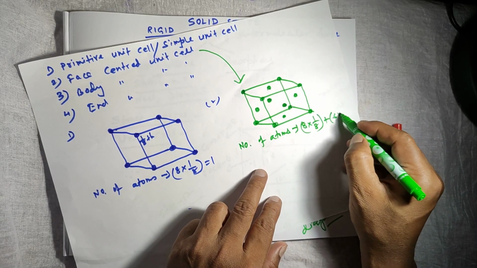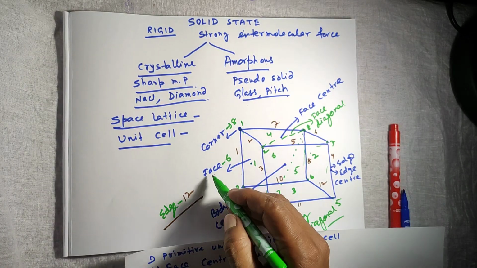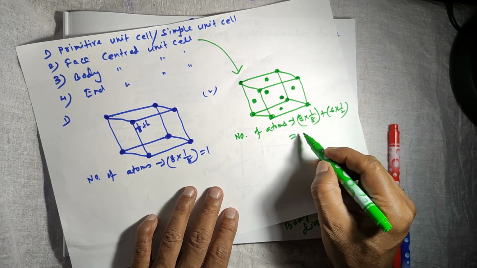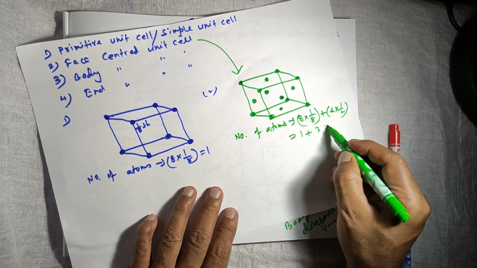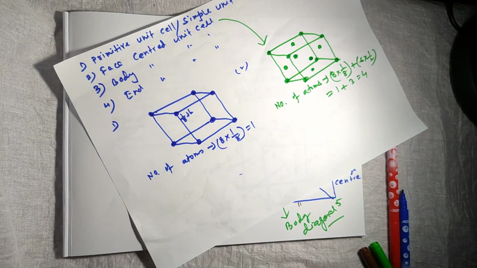It will be 6 into half, as there are 6 faces. So 1 plus 3, there will be 4 atoms in a face centered unit cell.